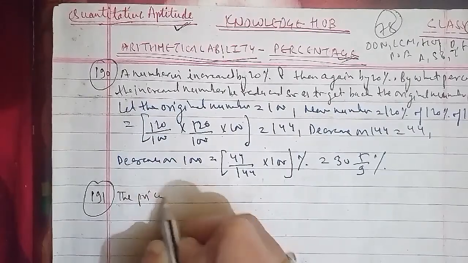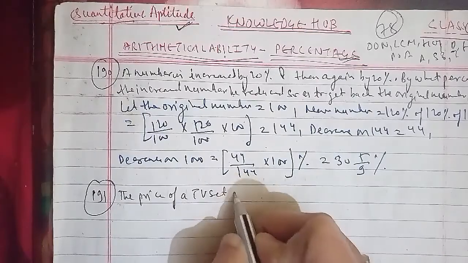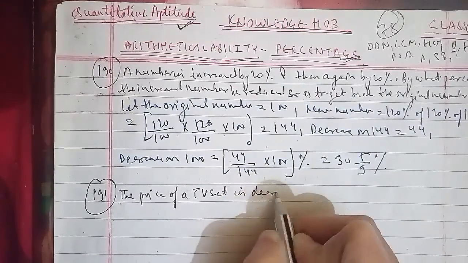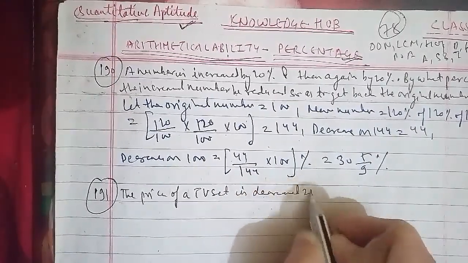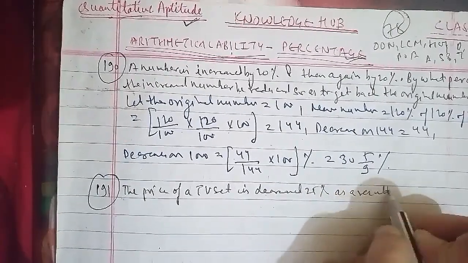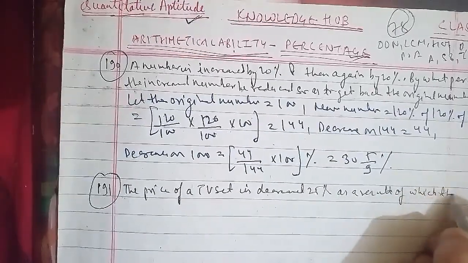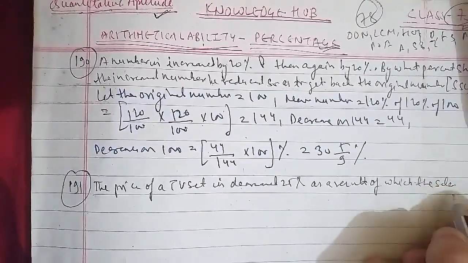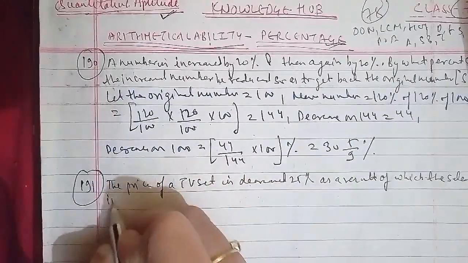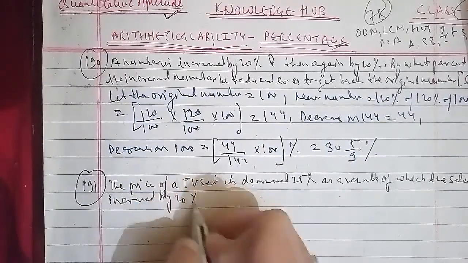The price of a TV set is decreased by 25% as a result of which the sale increased by 20%.